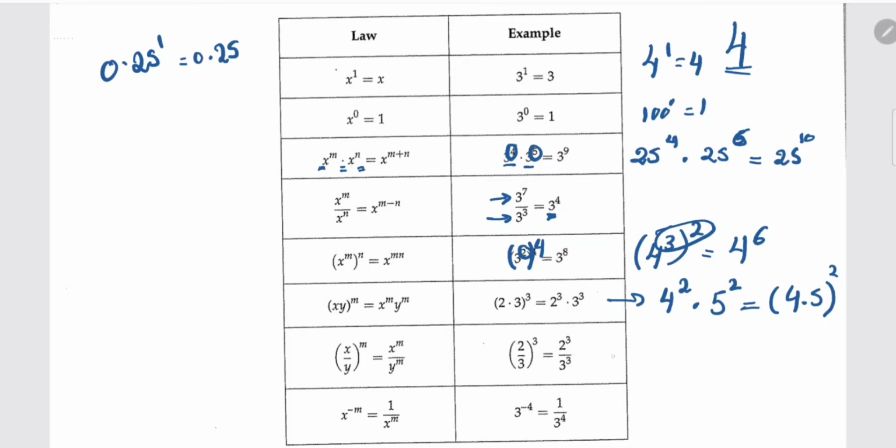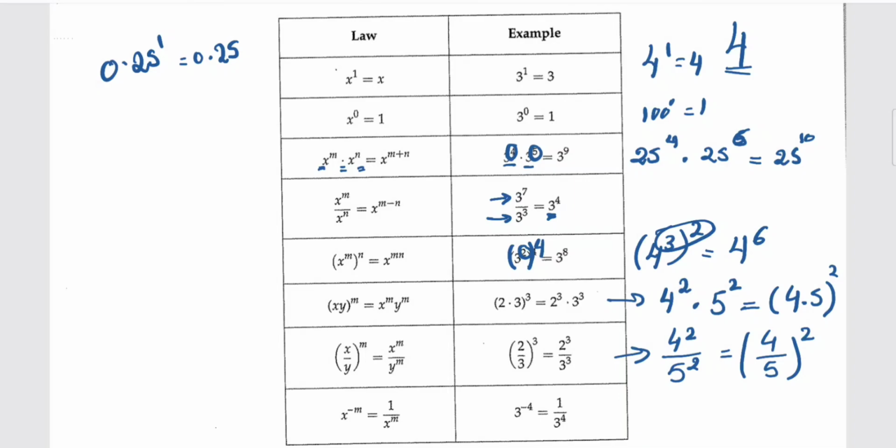It's the inverse also. If you have 4 to the power 2 over 5 to the power 2, it's 4 over 5, all to the power 2.